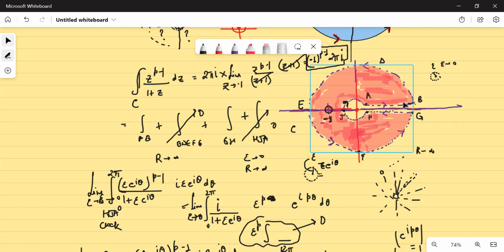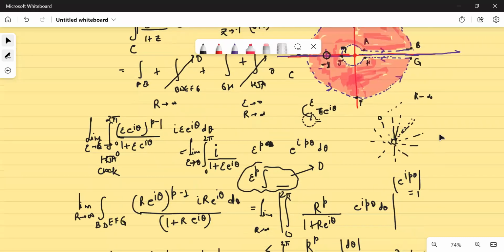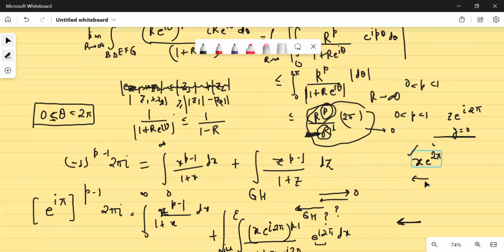While I was evaluating the integral along AB, it simply means that you just have z equals x here, and after almost one complete revolution, because probably here there's a slit, so probably not exactly one complete revolution but close to one, the points along GH I would write as z into e to the power iota 2 pi, or minus some del also.